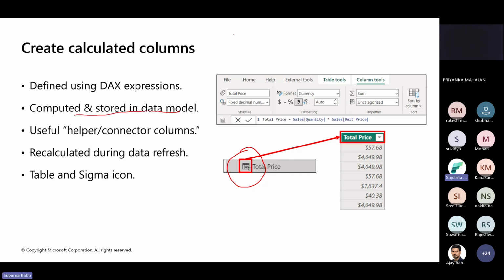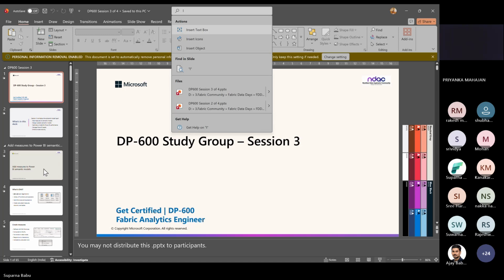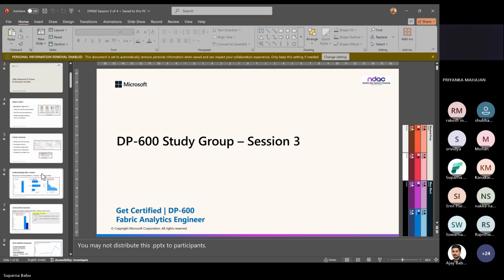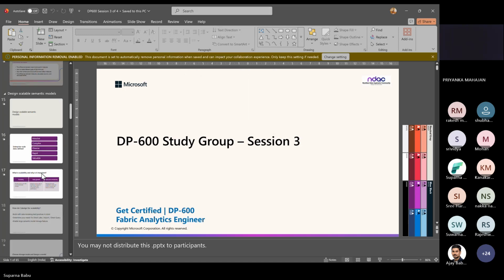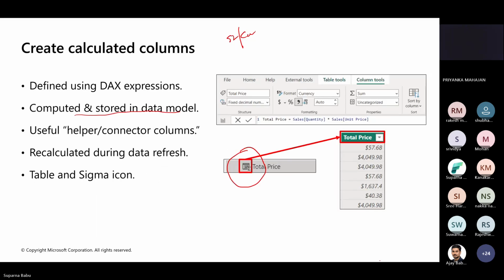It means that, let's say there is a table: serial number, country, and here product name, and here sales, cost, and I'm going to add a price column.